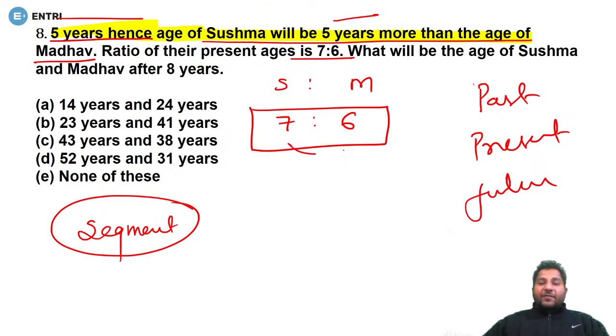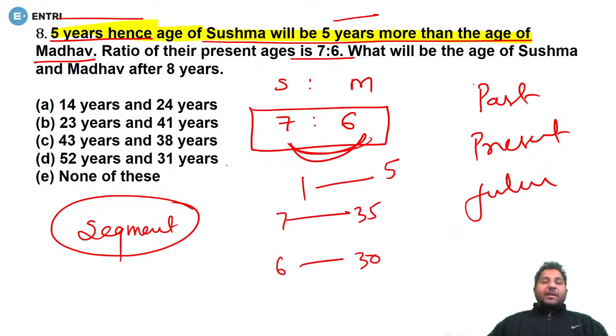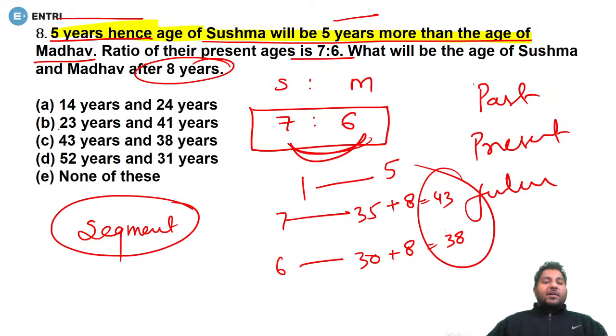So their difference has to be 1 ratio. So if 1 ratio is equal to 5 years, that means 7 ratio equals 35 and 6 ratio equals 30. Now we need to add 8 years to both of them to get the final answer as 43 and 38. So it's a really clear answer. Very good, Rash.